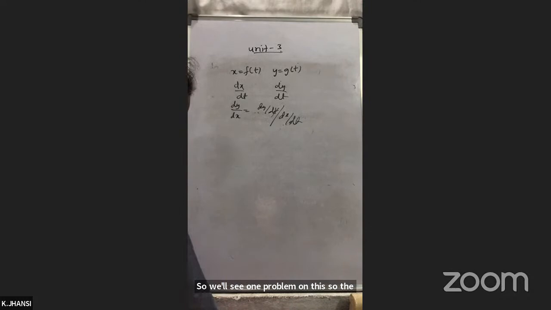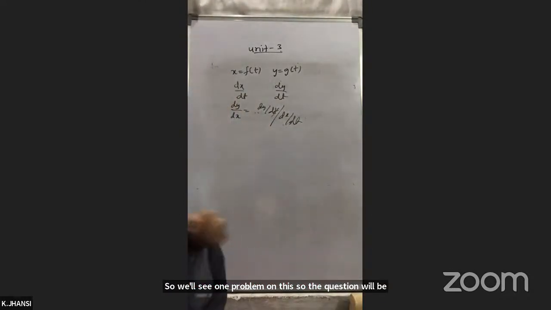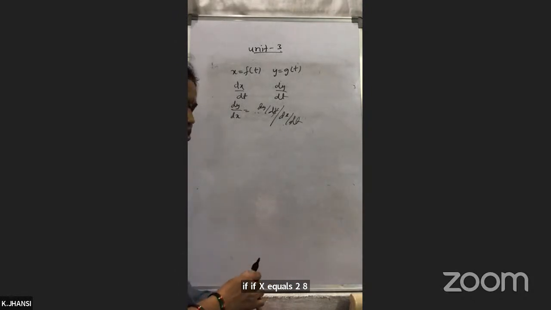So the question will be: if x equals a cos cube t and y equals a sin cube t, then find dy by dx.